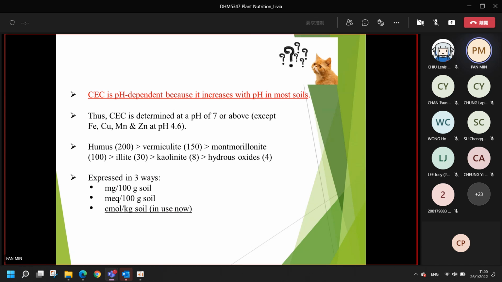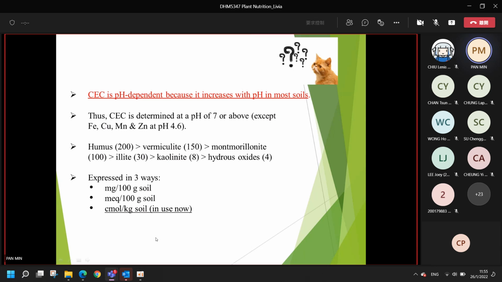So here you can see that different soil types and different soil textures have different CEC numbers. Always the humus has the highest CEC because it has a lot of binding sites for the cations that increase the cation exchange capacity. And here shows the 3 expression units for the CEC that you need to remember.